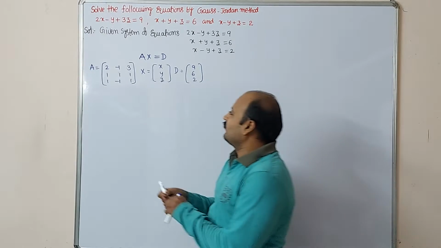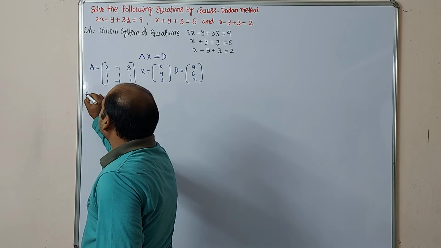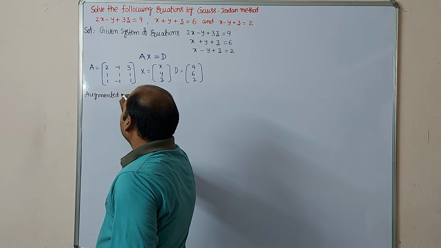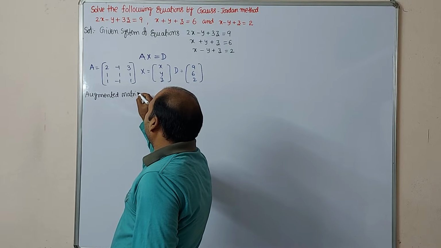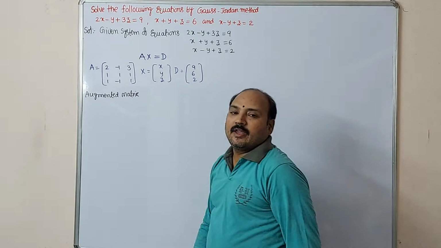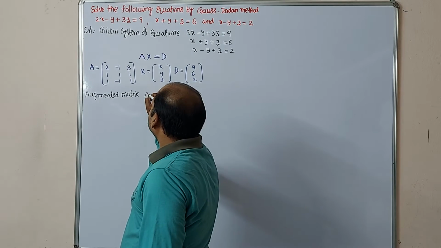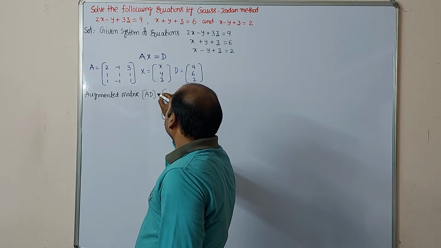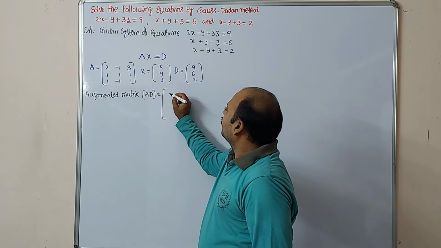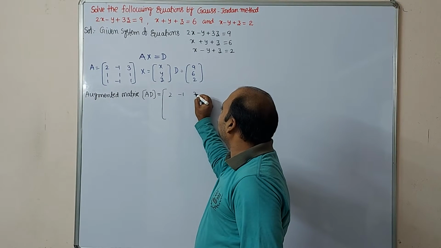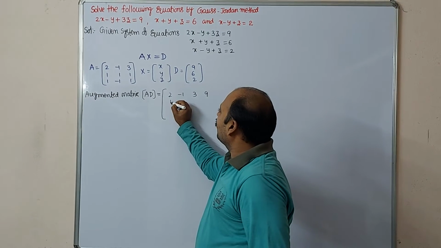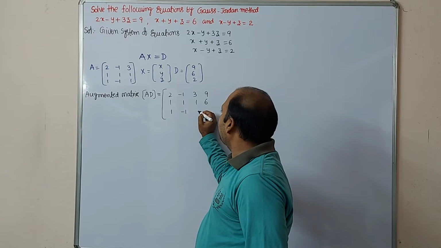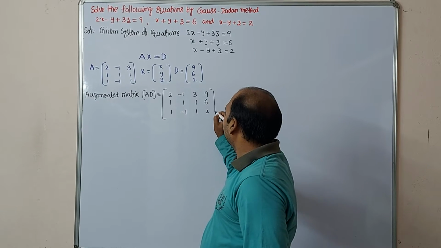Next, we write the augmented matrix. The augmented matrix AD equal to 2, minus 1, 3, 9; 1, 1, 1, 6; 1, minus 1, 1, 2.